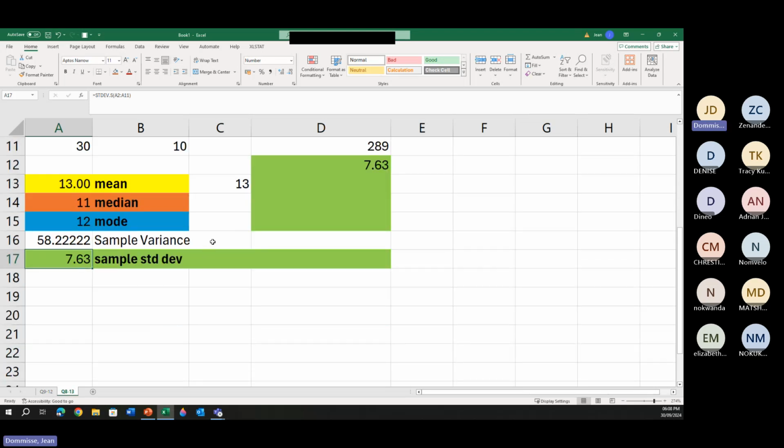And how we can also test that is with this standard deviation, is that your standard deviation is always the square root of your variance. So these answers must all be the same.